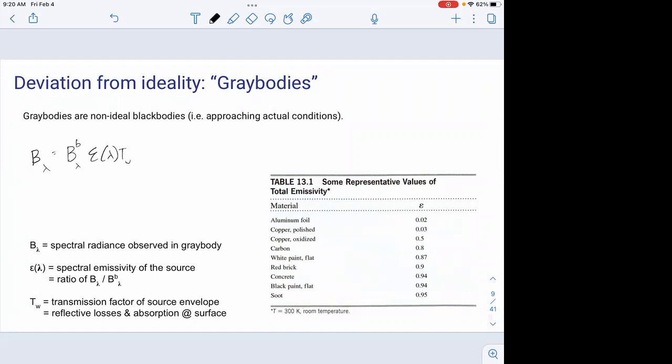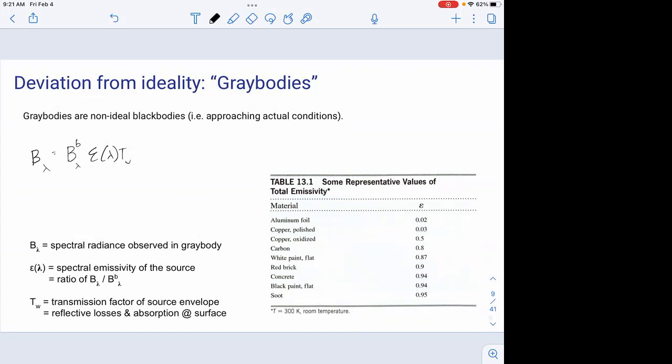So epsilon as a function of wavelength is the spectral emissivity of the source, right? So the table on the right, table 13.1 from Optics by Hecht, gives an idea of some representative values. So anything that is reflective or otherwise does not readily absorb light has a really low spectral emissivity.